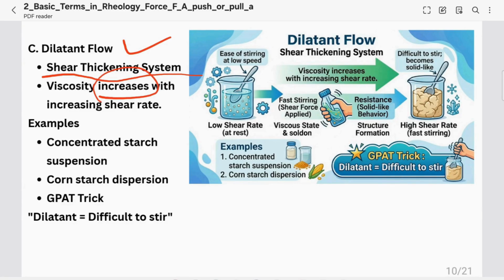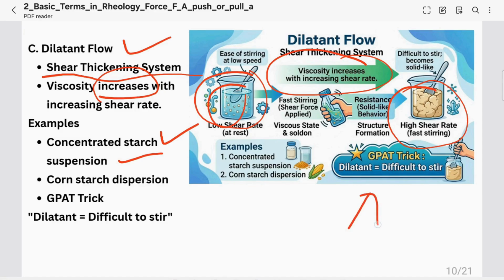We can see this type of flow when the liquid is mixed with starch, that is, concentrated starch suspension. So in the diagram we can see a less viscous liquid, we apply the force, and the liquid becomes more viscous, that is, the viscosity increases.